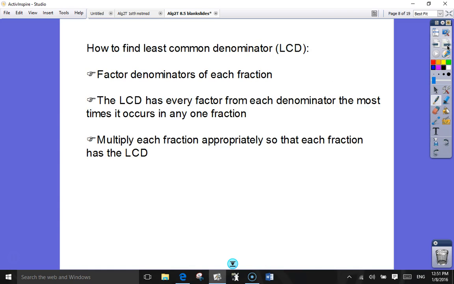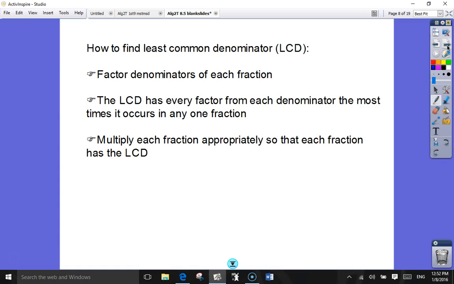Now, how to find the least common denominator. First, factor the denominators of both fractions. The least common denominator will have every factor that you see in either denominator the most times that you see it.